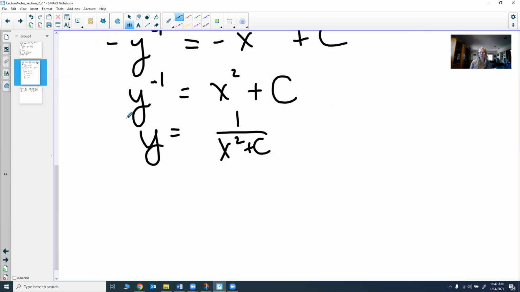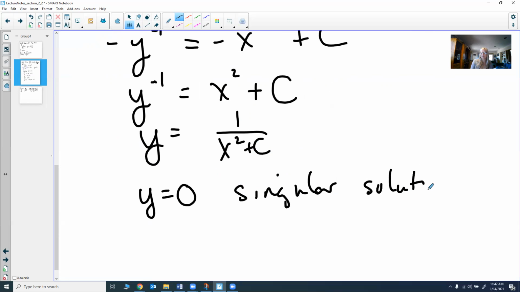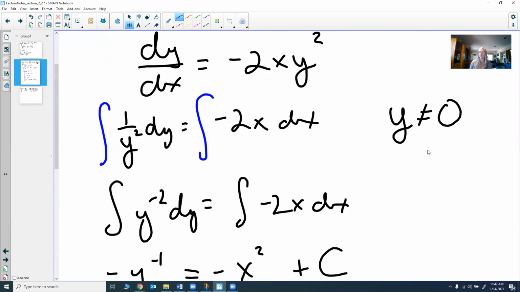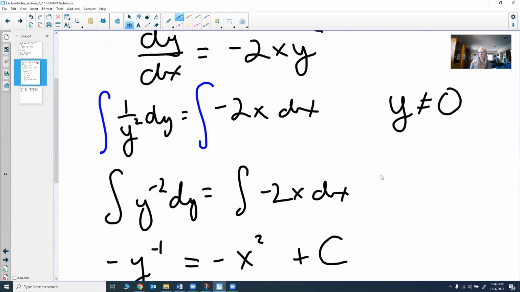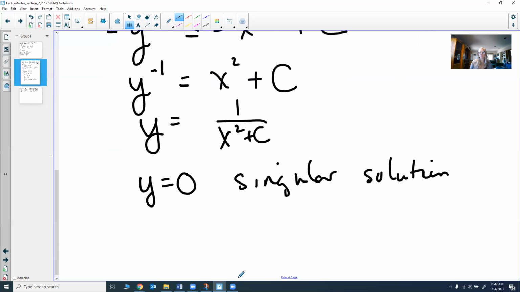So that tells me that y equals 0 is a solution. We can't get it from that, so we call it a singular solution. We can find that singular solution from what we assumed y was not equal to. We assumed y could not equal 0, so y equals 0 is my singular solution.